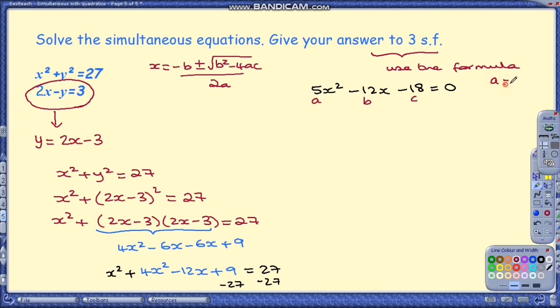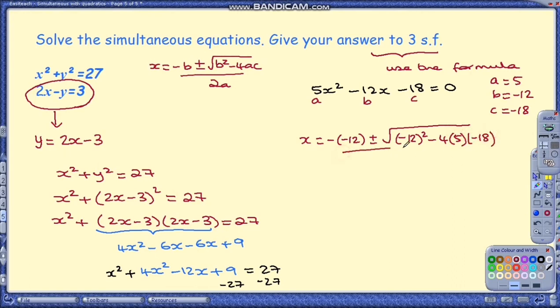Just to write it down, a is 5, b is negative 12, and c is negative 18. So x is minus 12 plus or minus 12 squared minus 4 times 5 times negative 18 all over 2a.